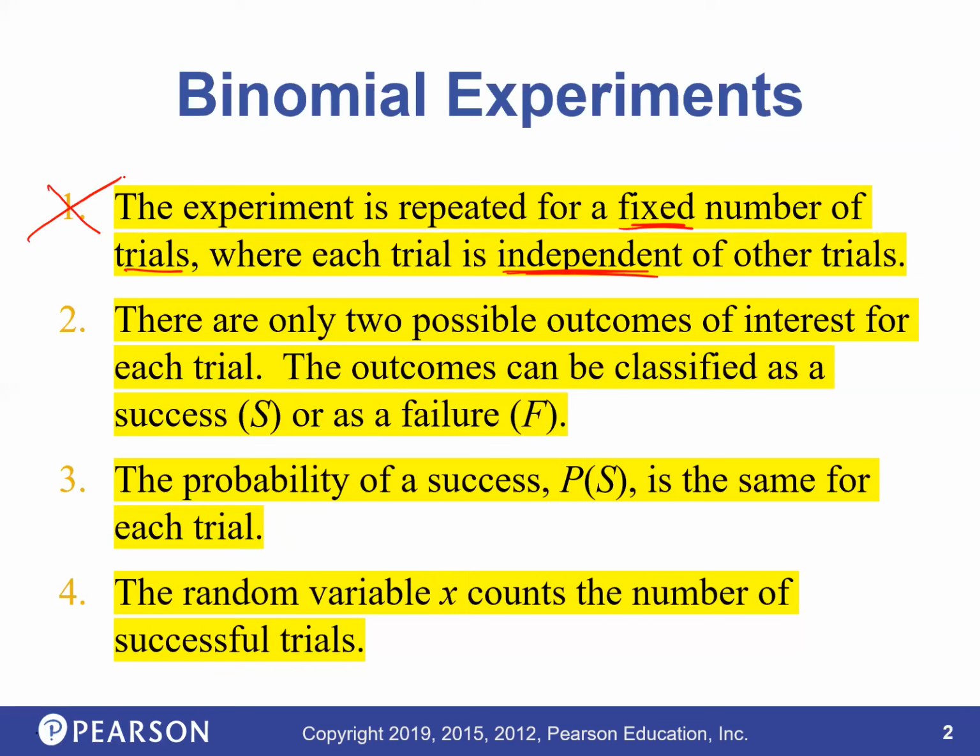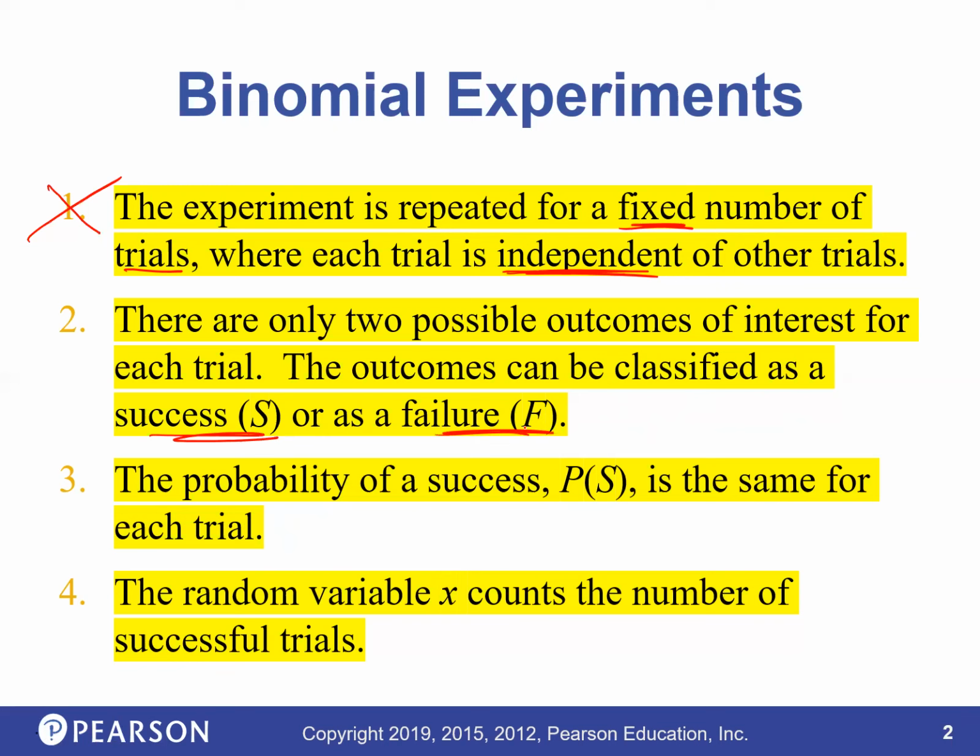Okay, are there 2 possible outcomes of interest for each trial? What we want to look at is if we're picking out a red marble. That's our question. So actually it fulfills number 2. Our success is picking out a red marble.